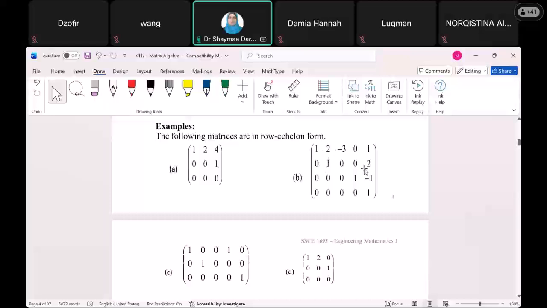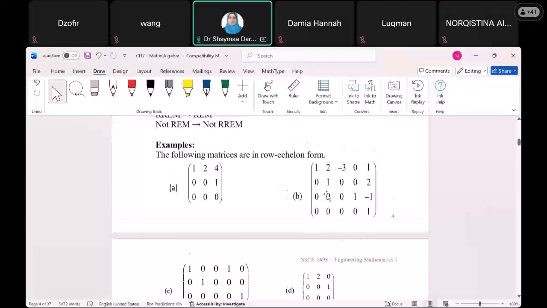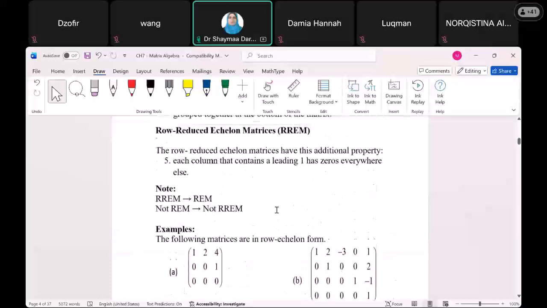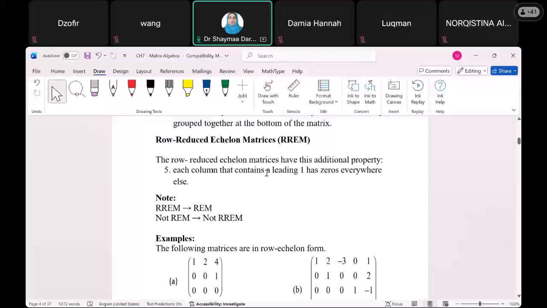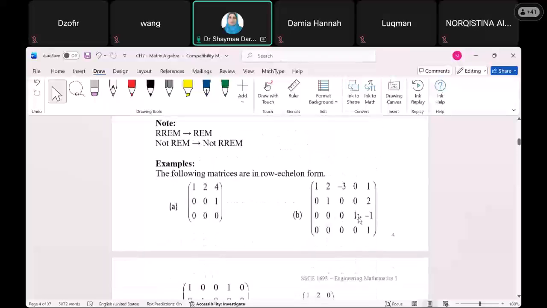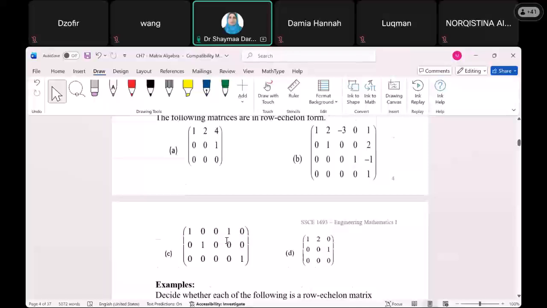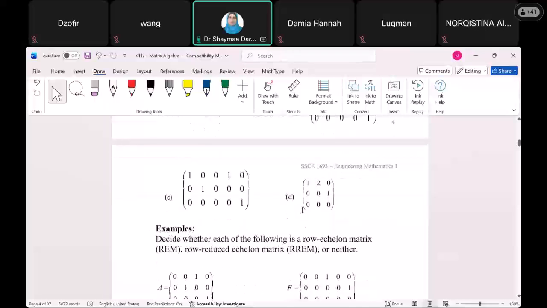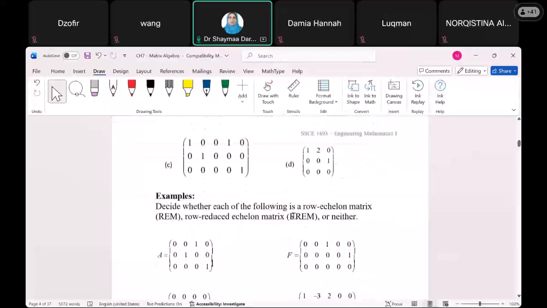So this is in row echelon form, but not reduced. If reduced, each column that contains a leading 1 has 0 everywhere else. Okay, so A and B are only row echelon form, but not reduced. C and D are in row echelon form and also reduced.